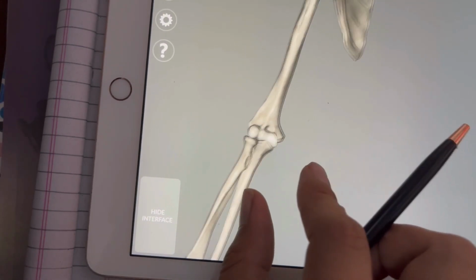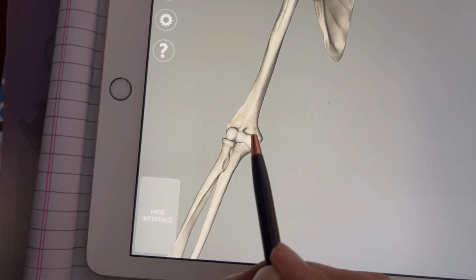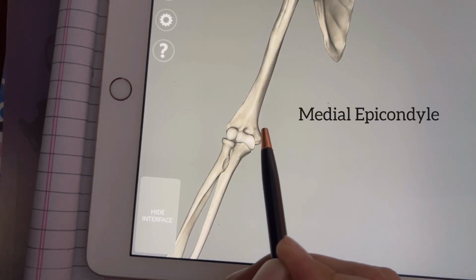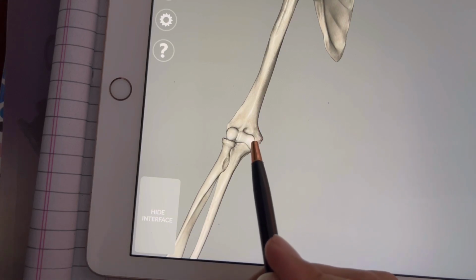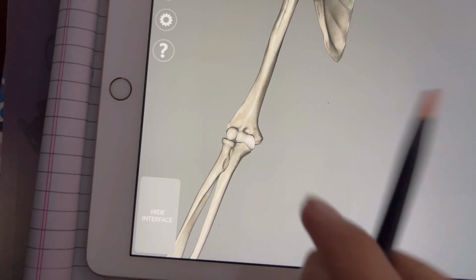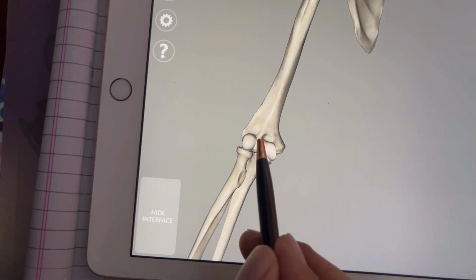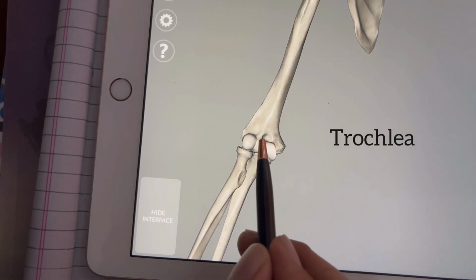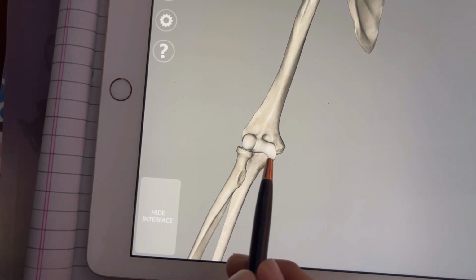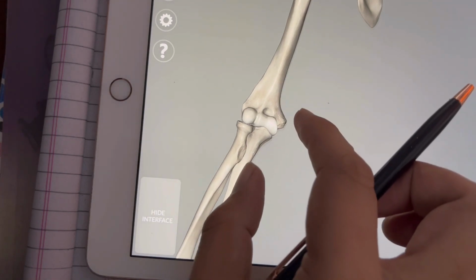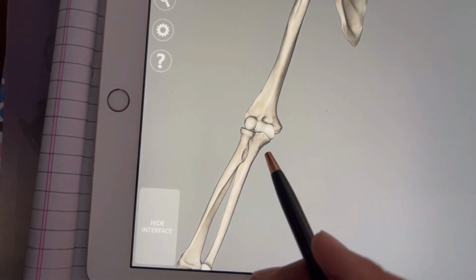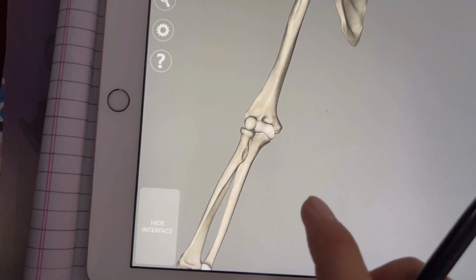And here this is the medial epicondyle. The medial epicondyle is a large knob-shaped structure or elevation which is proximal, or above, to the trochlea. This region is called the trochlea. This is pulley shaped. This trochlea articulates with the trochlear notch of the ulna.